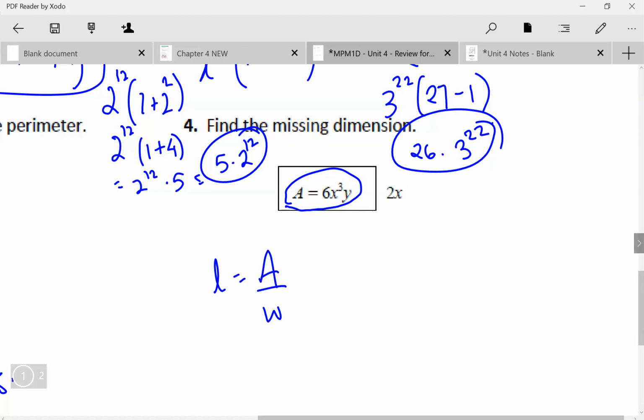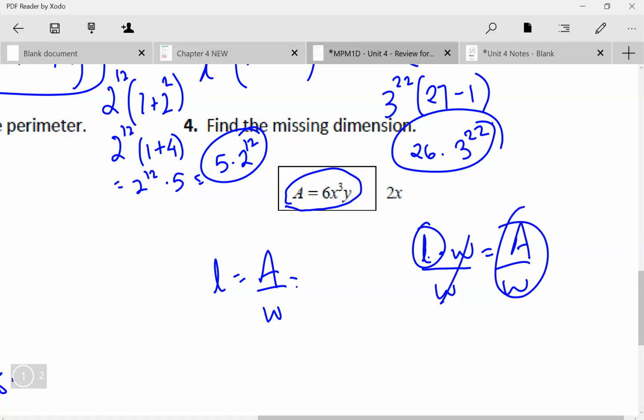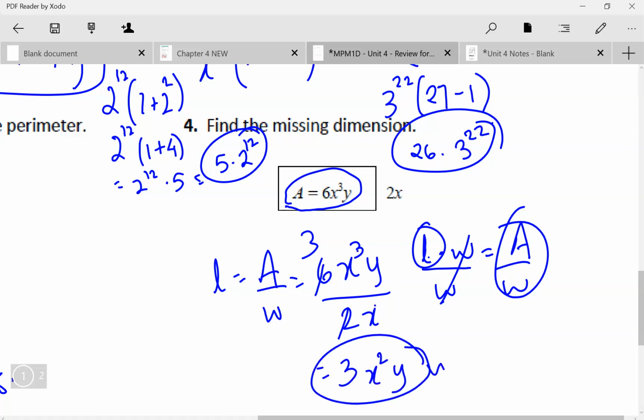Because the length times the width gives me the area, and if I have to isolate for L, I'm going to divide both sides by W. And so getting L equals A divided by W. Three minus 1 is 2.